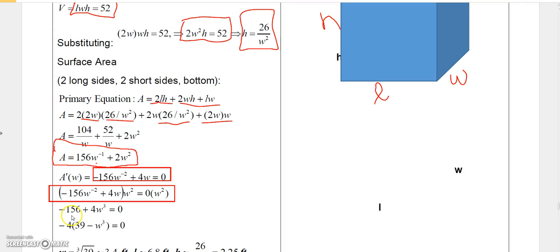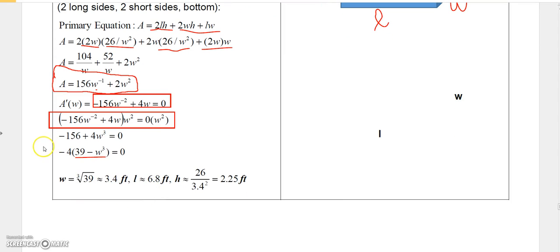So then I can actually factor out a negative 4 here, and when I factor out a negative 4, I get 39 minus W cubed here. So finally, if I set this equal to 0 and solve it, I'll get W cubed equals 39. So W must equal the cube root of 39.